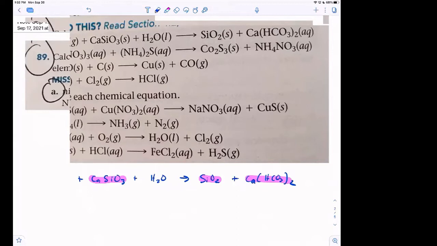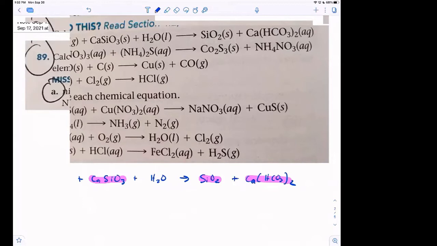Now the next thing is, I look at the carbons, and there's 1 carbon here, in the middle. On the right, there are 2 carbons there because of the 2 there. The parentheses means that unit.